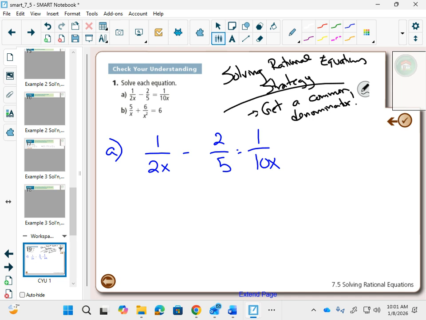I'm going to even write it down at the top. Our solving rational equation strategy is to first get a common denominator.